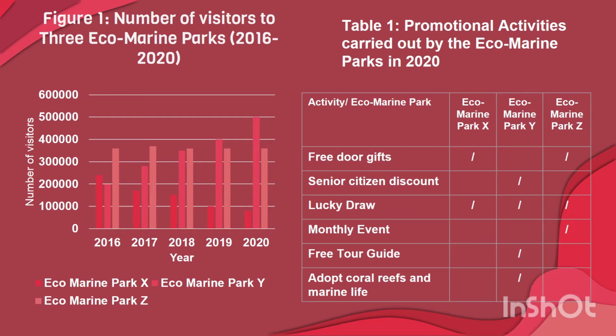Move on to the next visual, which is a table. Okay, look at the table. Promotional activities carried out by the eco-marine parks in 2020. This is the title of the second visual. Okay, now observe. You have the activity, you have the key feature, eco-marine park X, eco-marine park Y, eco-marine park Z. And from this table 1, you can get the key features as well.